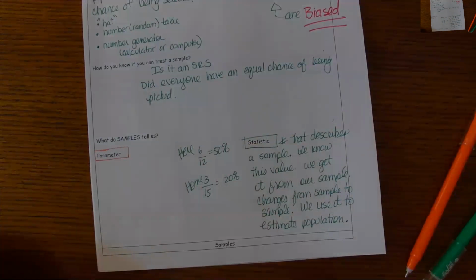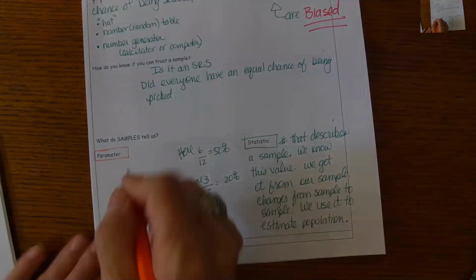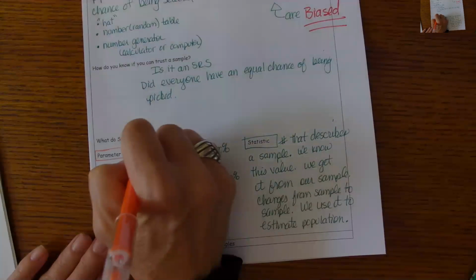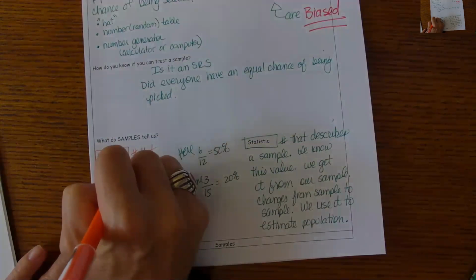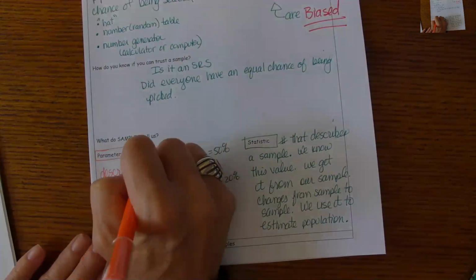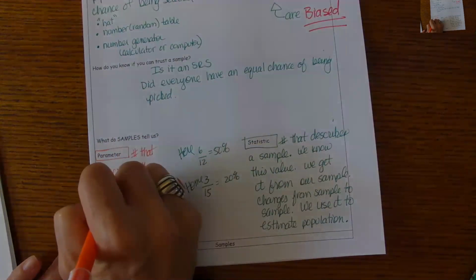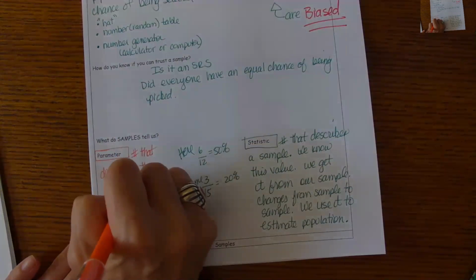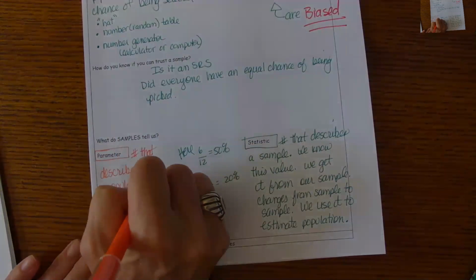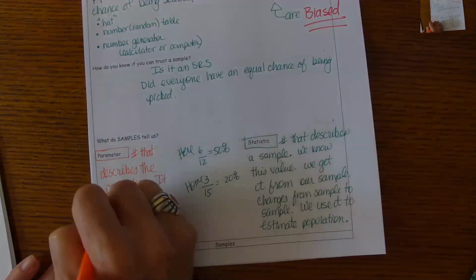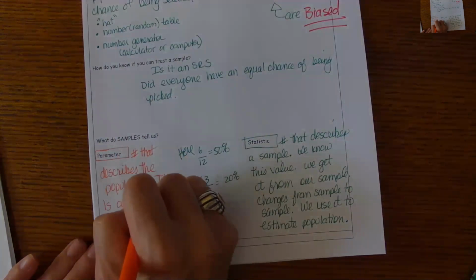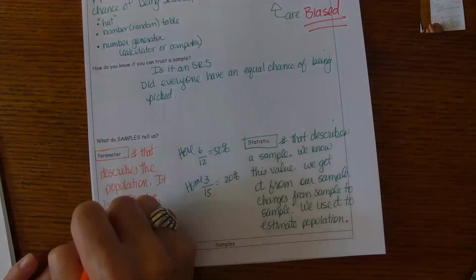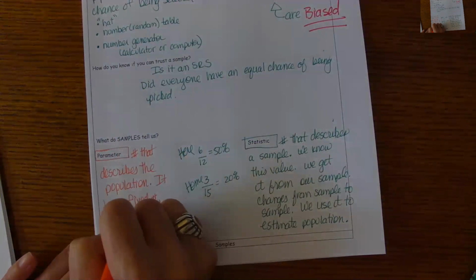Because I have my 2 samples. So the parameter is a number that describes the population. It is a fixed number. We don't know its value.